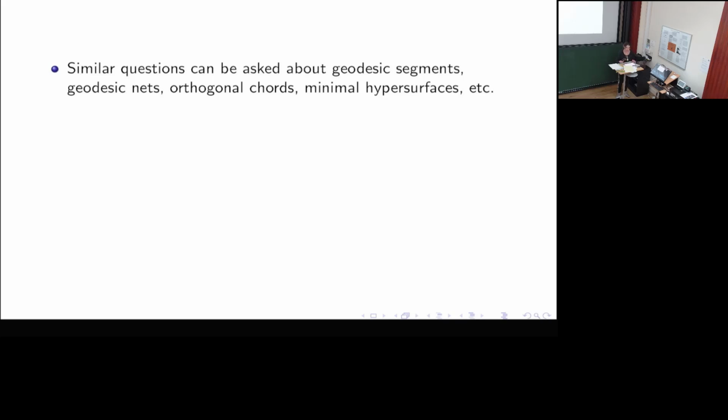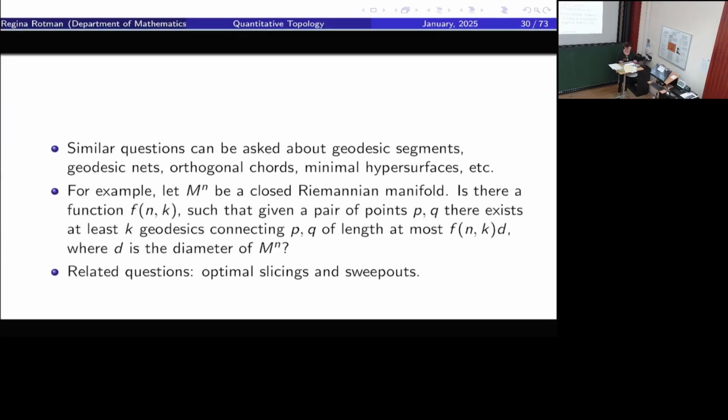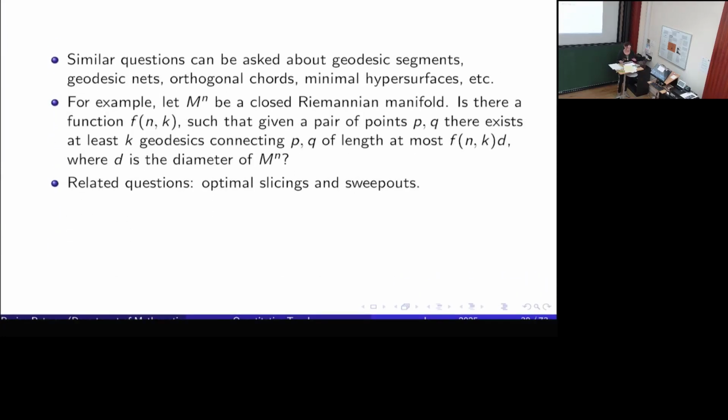So let me try and see how we can possibly come up with those bounds. In order to do so, let me briefly go back to the existence theorem of Lyusternik and Fet.